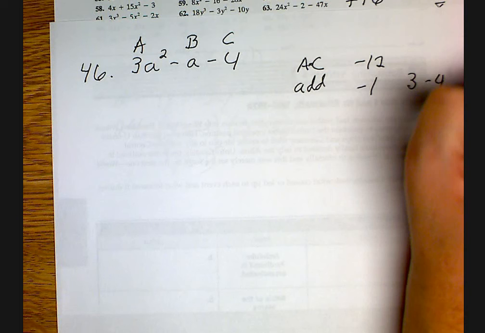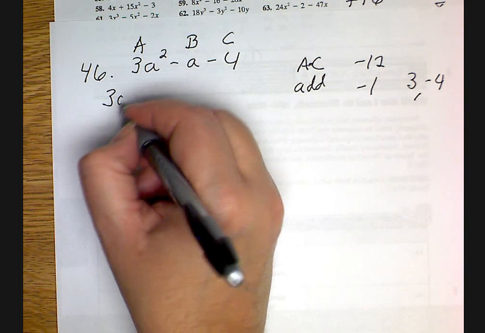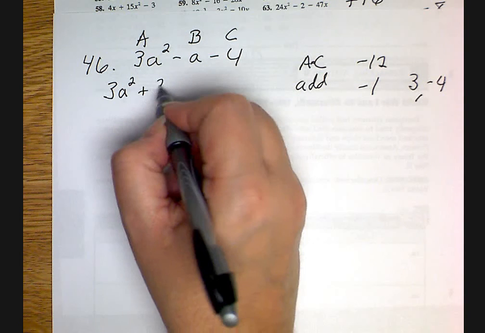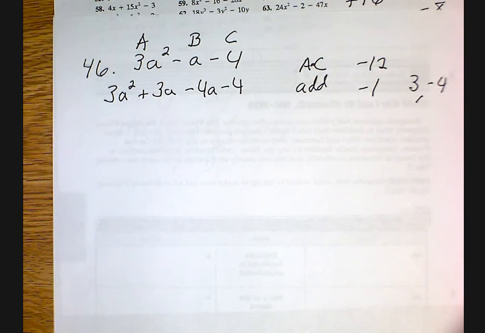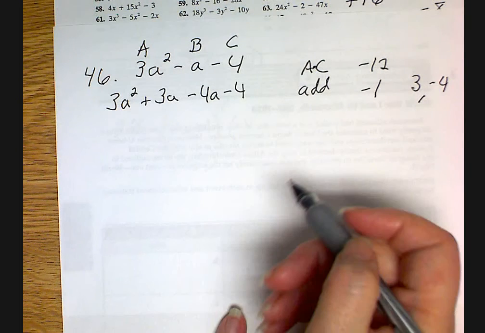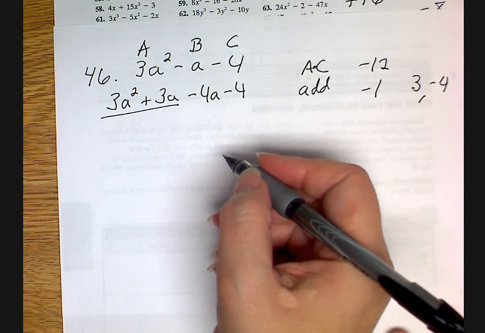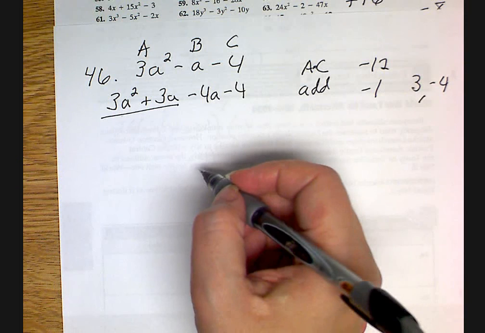All right, so what you have to do then is rewrite this line. So you go 3a squared and then plus 3a minus 4a minus 4. Then you group it and you say, what does this have in common? What does 3a squared and 3a have in common? 3a, yes.